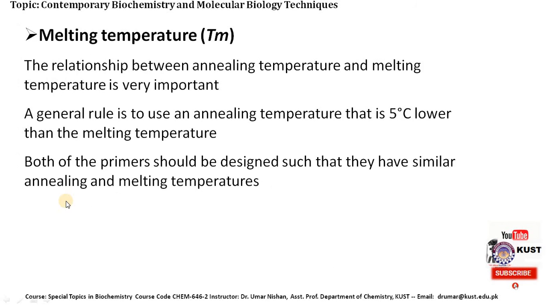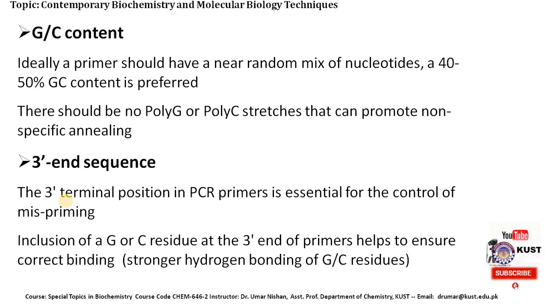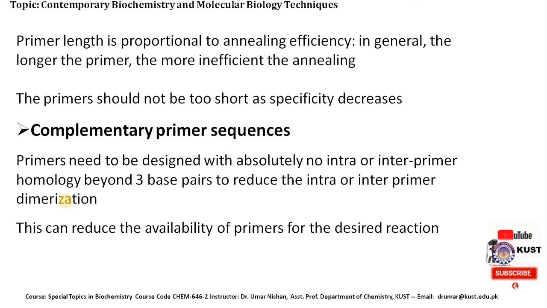Now, to avoid this dimerization process, primers should not be designed in such a way that they can bind with each other. If this happens, it can reduce the availability of primers for the desired reaction. So while designing primers, this has to be kept in mind.